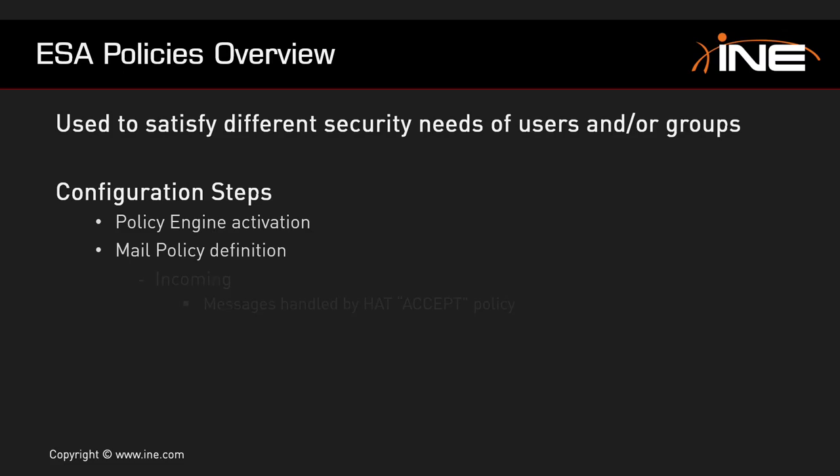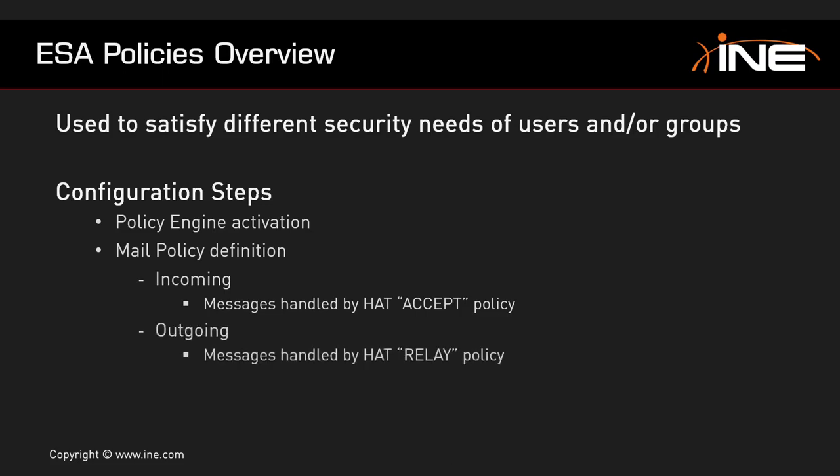So we will have a separate policy for incoming and also outgoing messages, where the element that we are going to use to distinguish between these two types of policy tables is going to be our host access table. The host access table is going to be a critical component because it's the feature of the ESA that will eventually define whether a session is supposed to be scanned by the incoming versus outgoing engines.